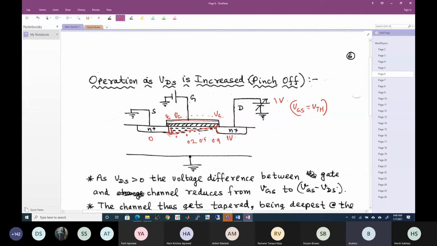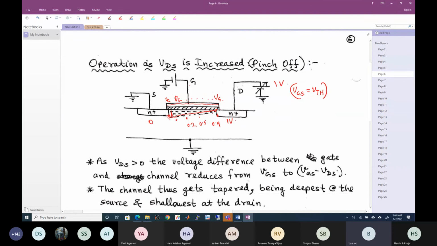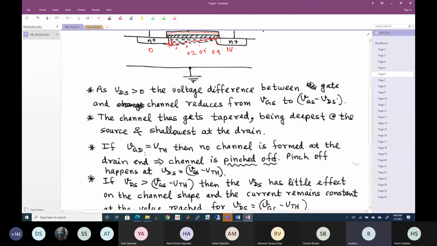As soon as it exceeds the threshold voltage, the charge starts forming over here. So that's what is written like this: if VGD equals the threshold, then no channel is formed at the drain end, implying the channel is pinched off. Pinch off happens at VDS equal to VGS minus the threshold voltage.